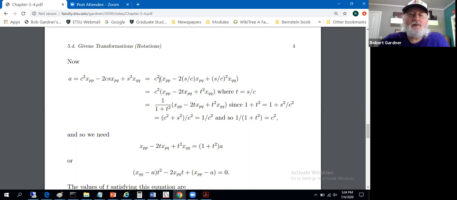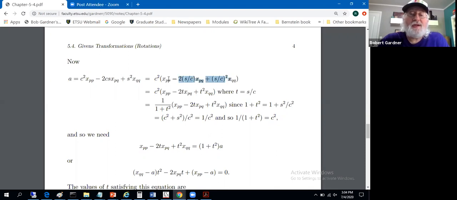This was a diagonal entry, so we're making an explicit assumption that C is not 0 at this stage. To factor the C squared out, we get C's in the denominator, so that's my concern. Factoring out C squared, we're left with X sub PP minus 2 S over C X sub PQ plus S over C squared X sub QQ.